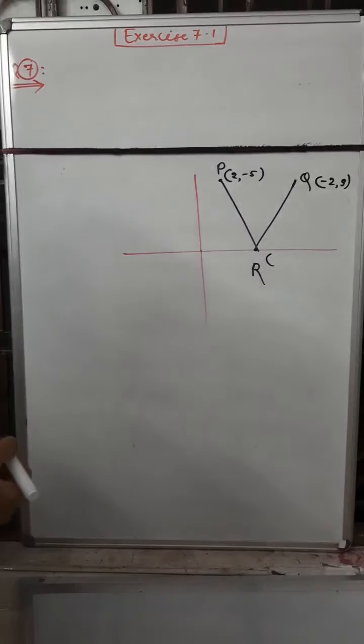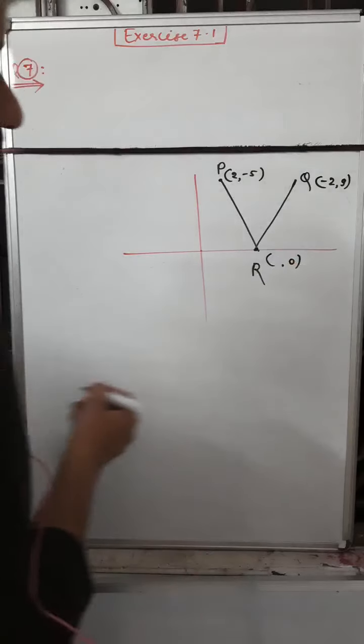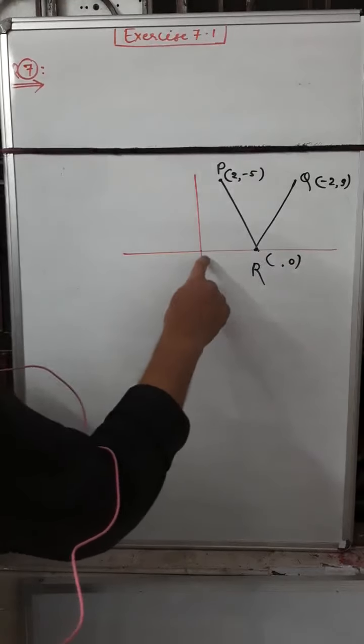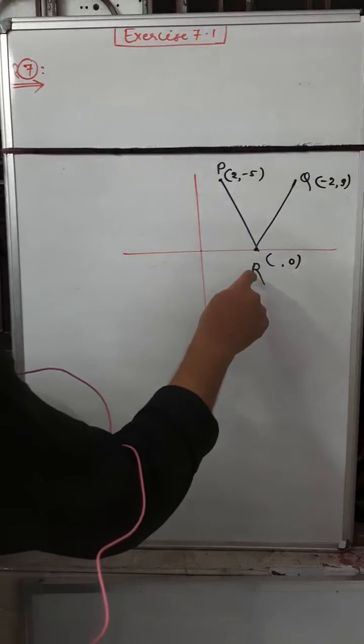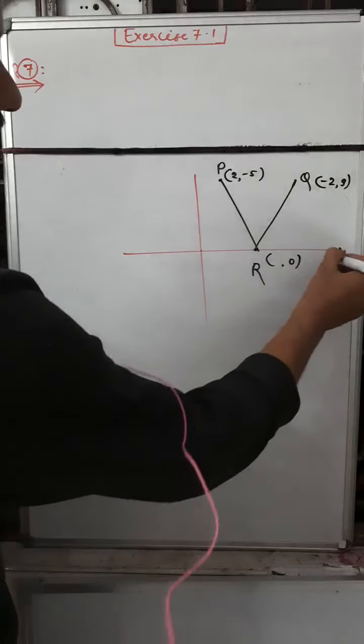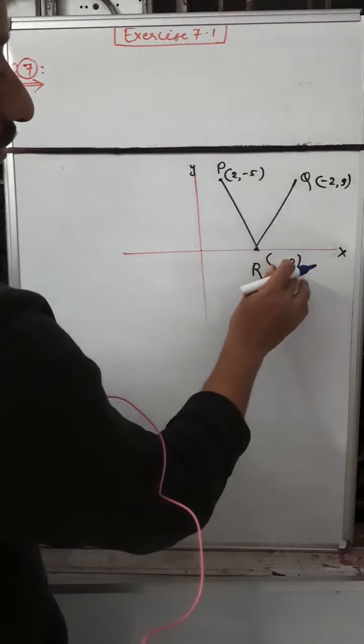That means if the point is situated on the x-axis, the coordinate of y will also be 0 in any condition. So we can assume, because this point R is situated on the x-axis, definitely the coordinate of y will be 0.